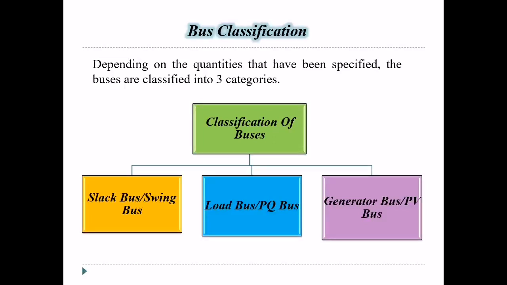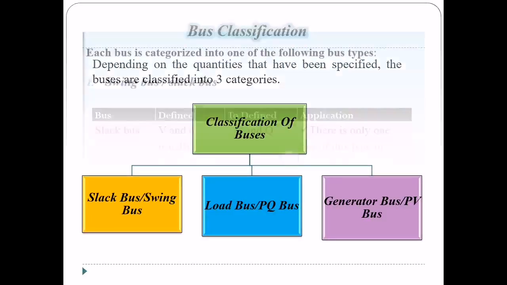Then third, generator bus or PV bus. So the total buses are classified. Classification is based on the values that are specified. Depending on the two quantities out of four specified, these are classified. So slack bus, PQ bus, PV bus, or swing bus, load bus, and generator bus respectively.